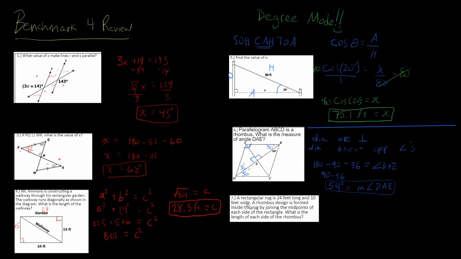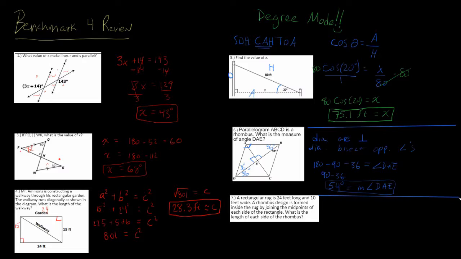Moving on, number 7. A rectangular rug is 24 feet long and 10 feet wide. A rhombus design is formed inside the rug by joining the midpoints of each side of the rectangle. Well, we're not given a picture here, and it really looks like we need a picture to help with this problem.